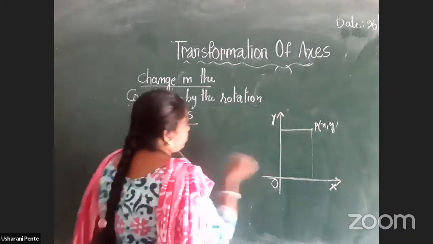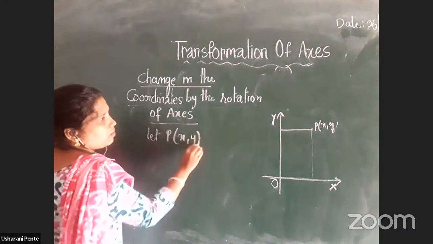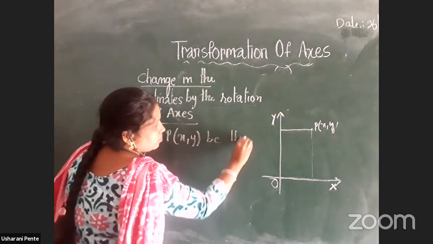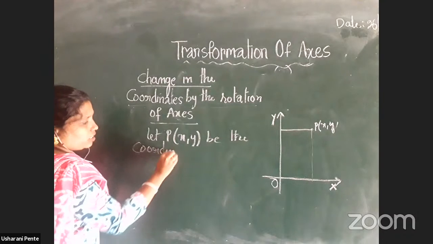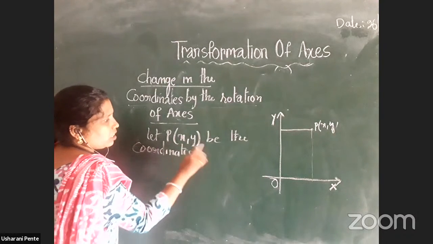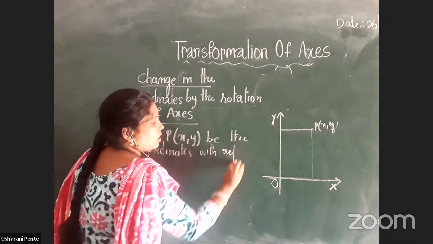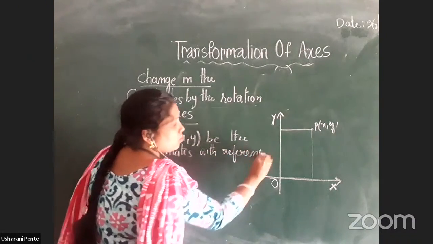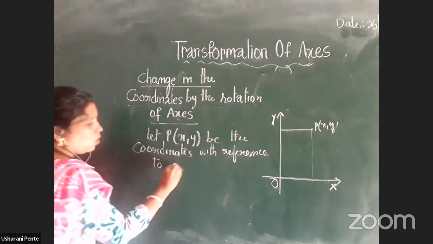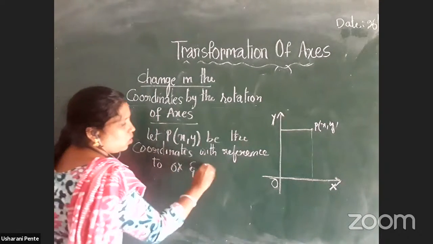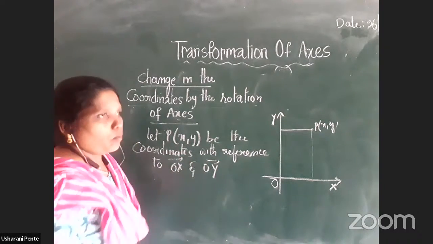Now, let P of x comma y be the coordinate with reference to the axes OX and OY.